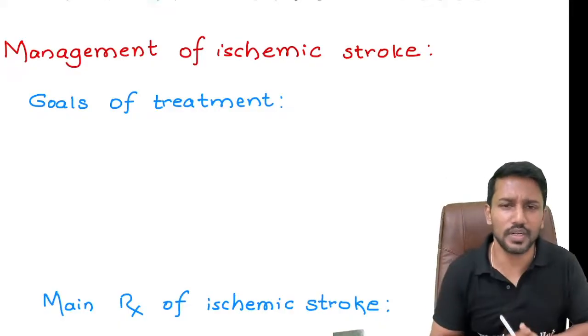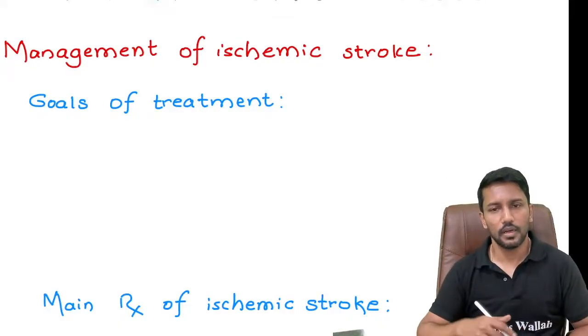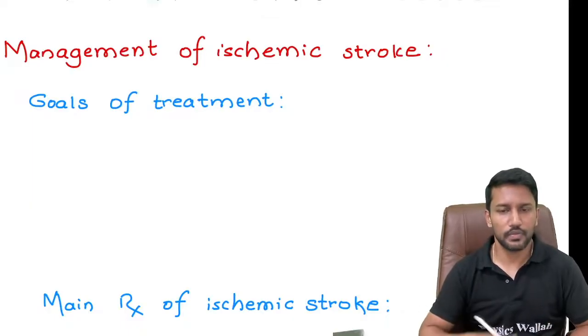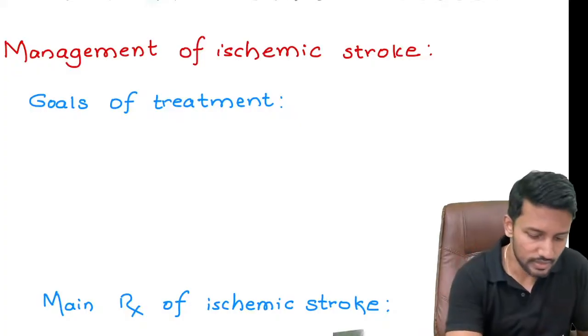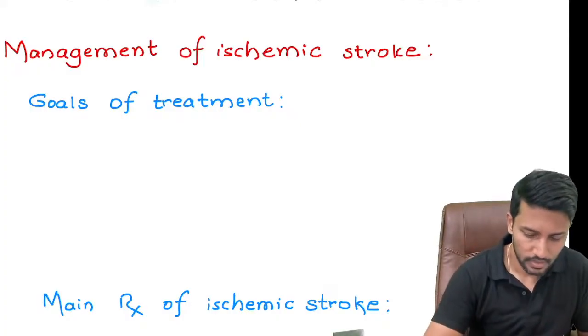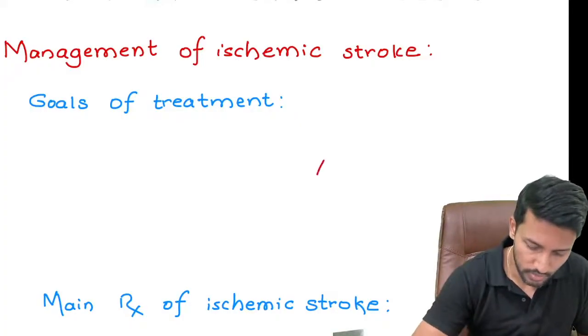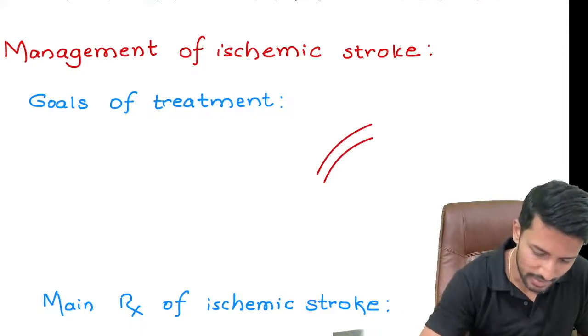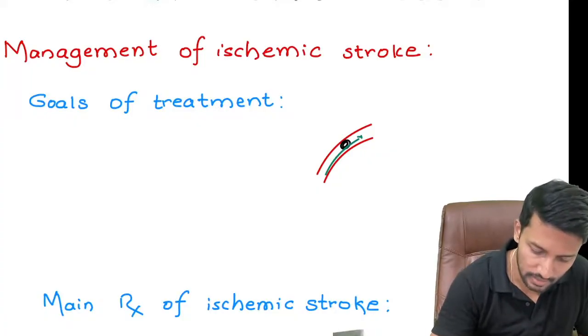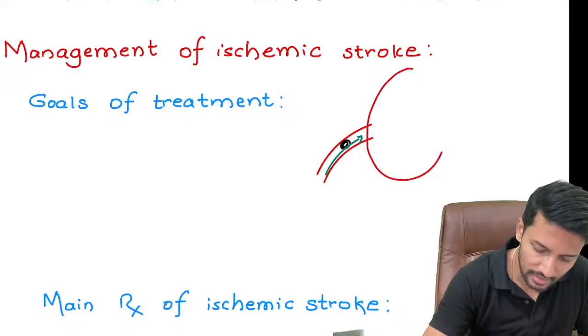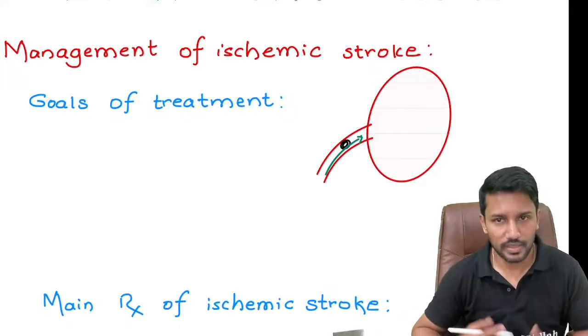So then what are we trying to treat when we have a patient with stroke? In the previous class, we learned that when we have stroke, let me say that this is one blood vessel, and I have created some critical occlusion of this blood vessel. Because of that, the blood flow through this blood vessel has decreased significantly, and this is the area that this particular blood vessel was supplying.